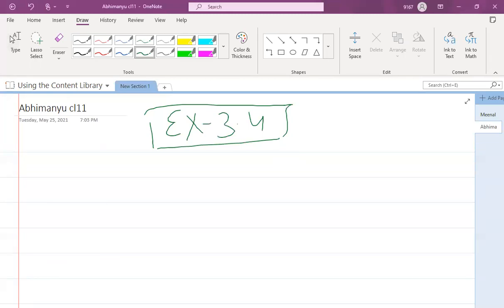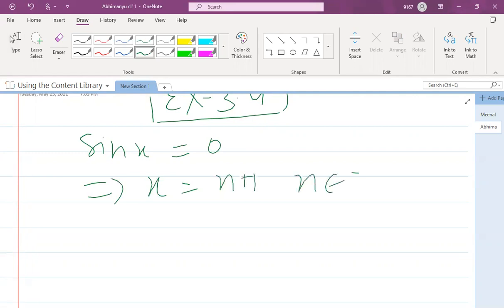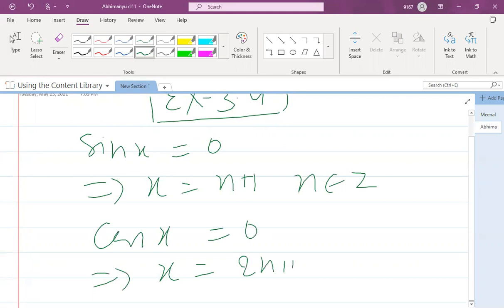मैं फॉर्मूले जो आइडेंटिटीज यूज होंगे उसको रिमाइंड करा देता हूँ. So we have, sin x equals 0, then x equals n pi, and n belongs to Z. If we have cos x equals 0, then x equals (2n plus 1) pi by 2, an odd multiple of pi by 2, and n belongs to Z once again.